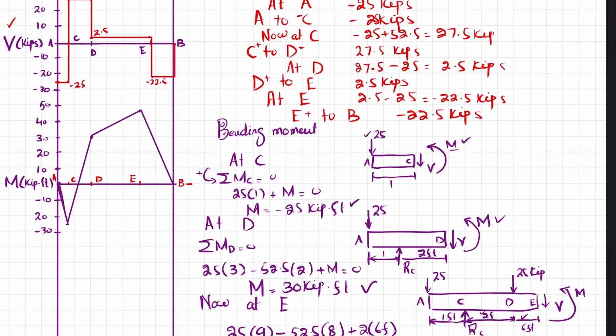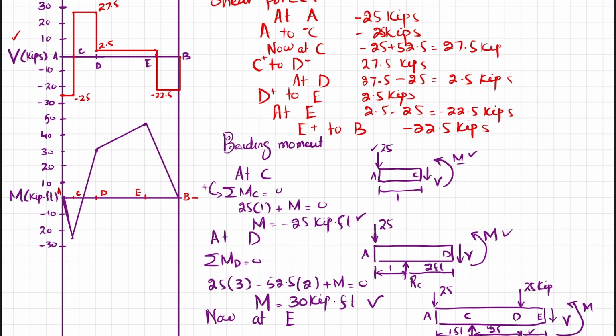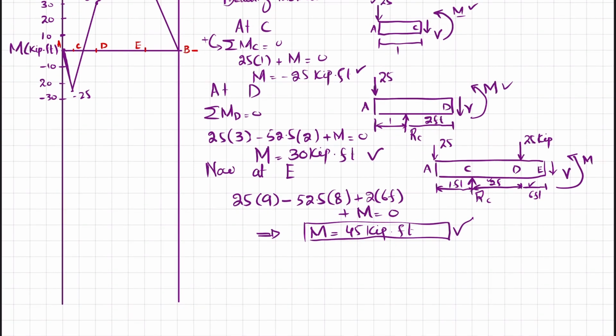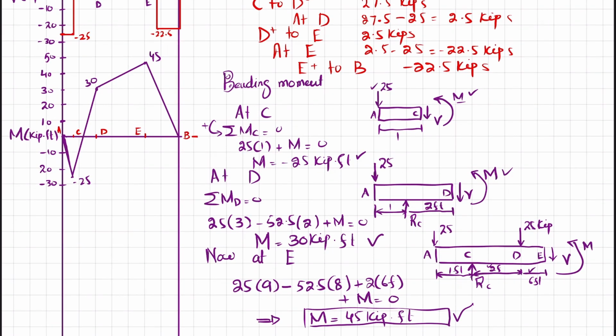Okay, so I will write the values. At this point we have minus 25 kips into feet, at this point we have 30 kips into feet, and at this point 45 kips into feet. Now from this bending moment diagram we have seen that we have a maximum bending moment of 45.